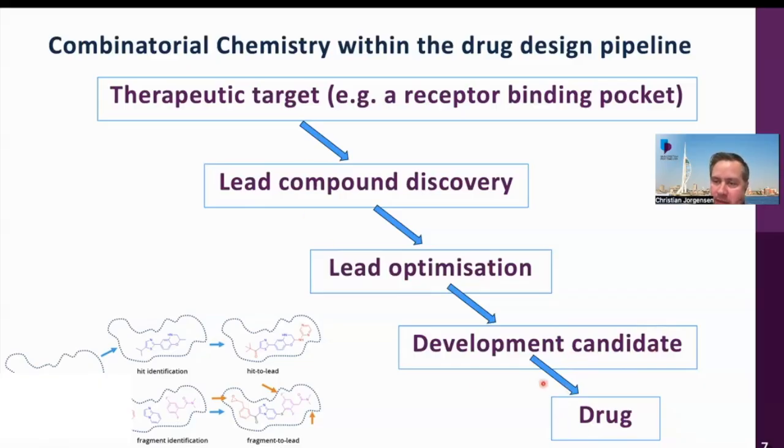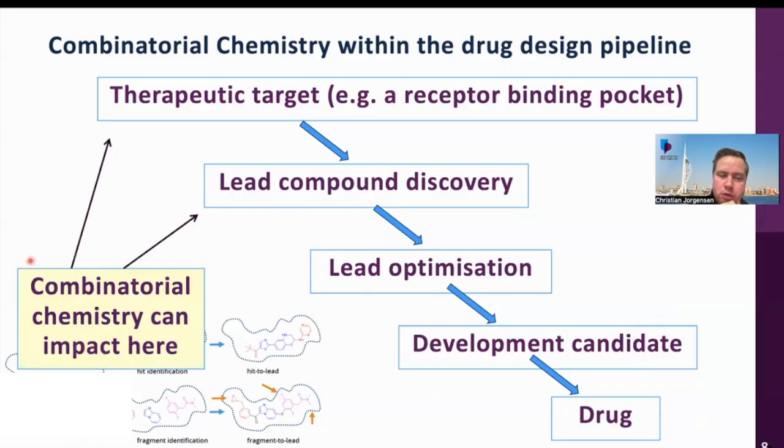And this is a very expensive process. Today, this pipeline costs $1 billion for a successful FDA-approved compound on the market. So it is very, very expensive. And we certainly need combinatorial chemistry for this process.